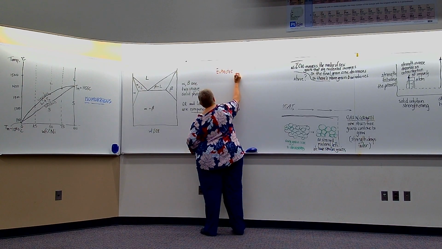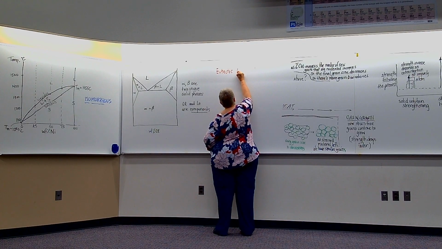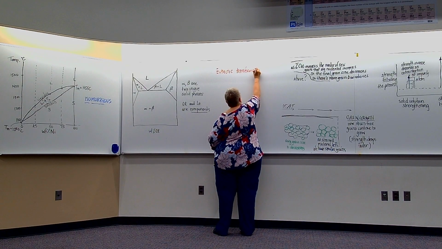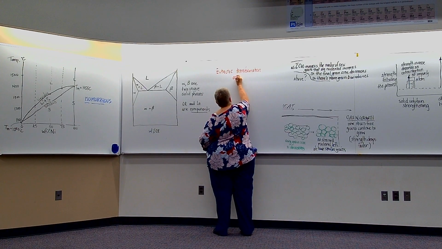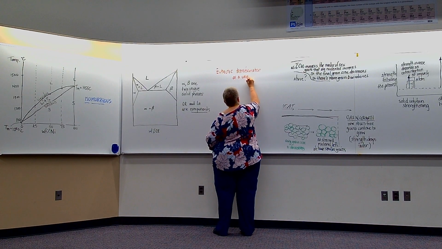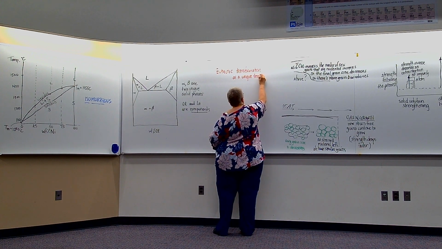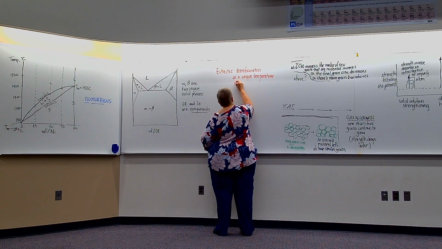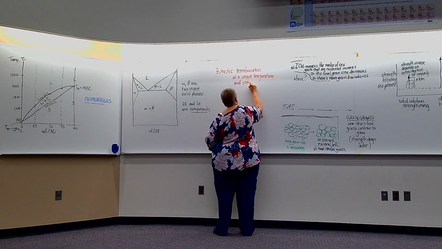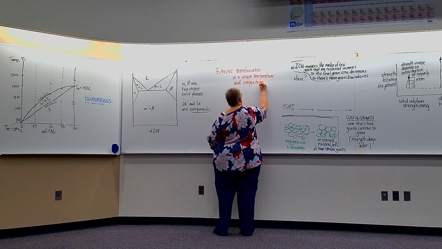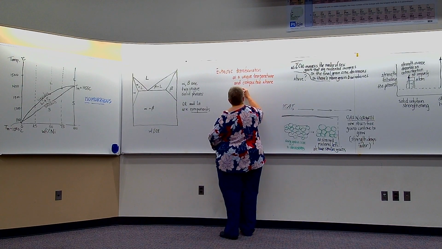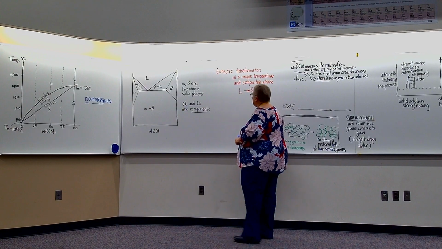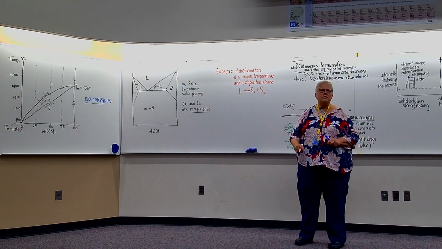And eutectic means that there's a transformation at a unique temperature and composition where a liquid transforms to two different solids at one temperature, at one composition.